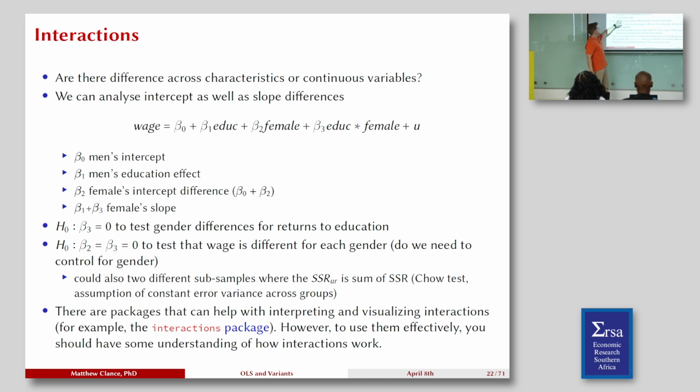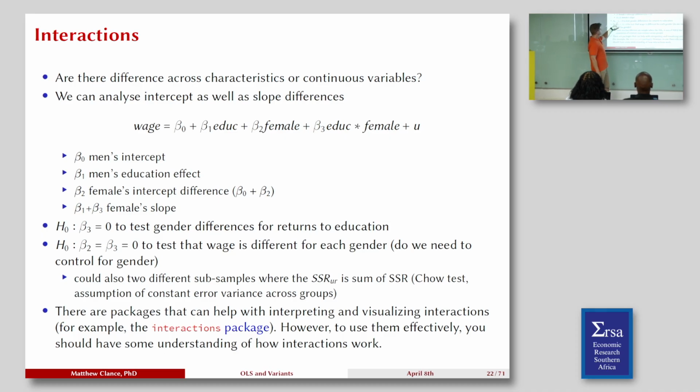But if we're looking at the female slope, it's education, beta 1, plus beta 3. If we did the derivative with respect to that, you'd see that education would still be in the model. So we're seeing the varied outcomes across education for that particular characteristic.